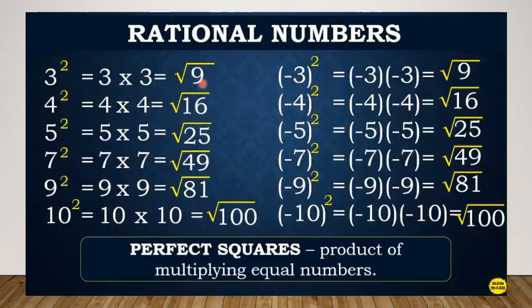Because the square root of 9, square root of 16, ang lalabas ay rational number. Ano ba ibig sabihin ng rational number? It can be expressed in the form of A over B. So, kapag kinuha natin yung square root ng 9, ang lalabas ay positive 3 and negative 3, pwede mo siya i-express as 3 over 1 or negative 3 over 1. So, rational number ang square root ng perfect squares.